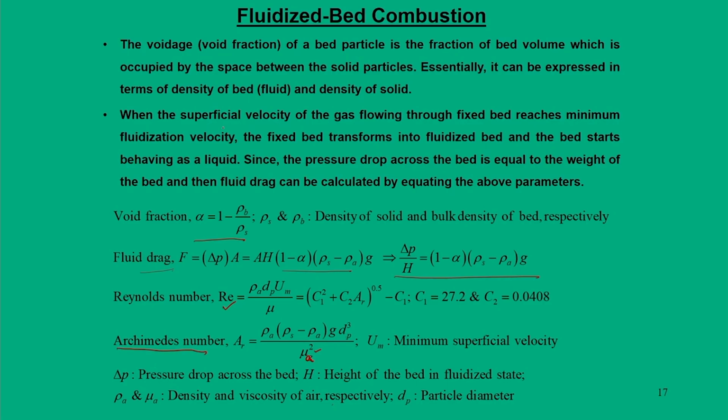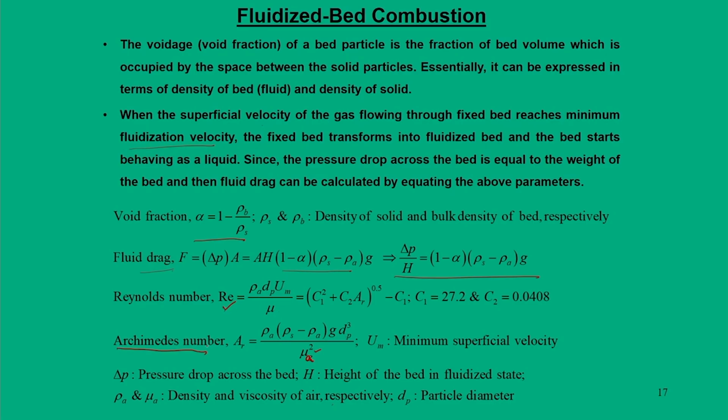So, essentially, superficial velocity is the gas flowing through the fixed bed reaching the minimum value. When you are pushing this air into this bed, we reach this air velocity to a minimum value to achieve this fluidization state, and that is called the fluidization velocity, and this can be related through the Reynolds number, that is Re is equal to rho A dp times um divided by mu.